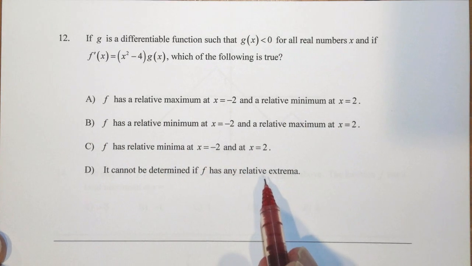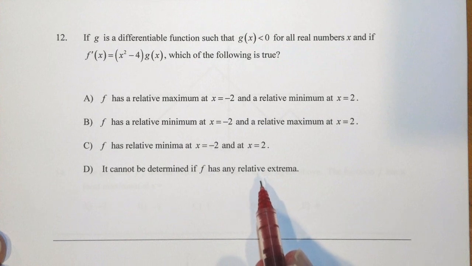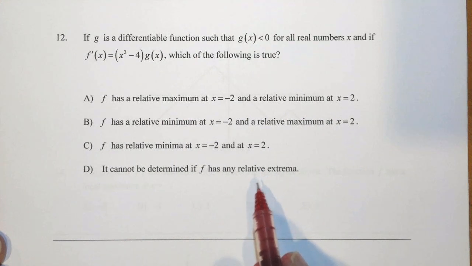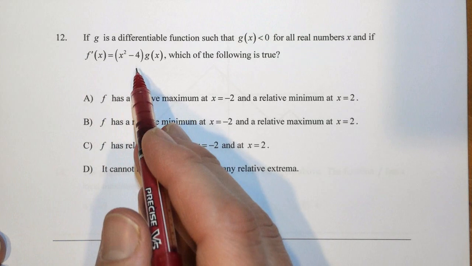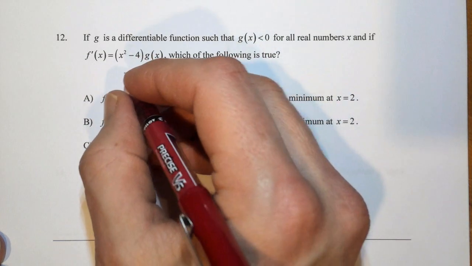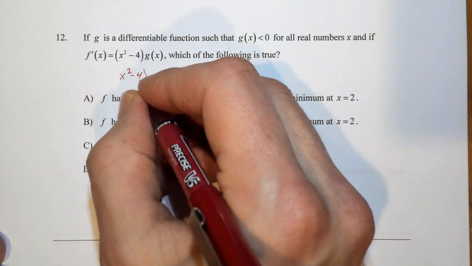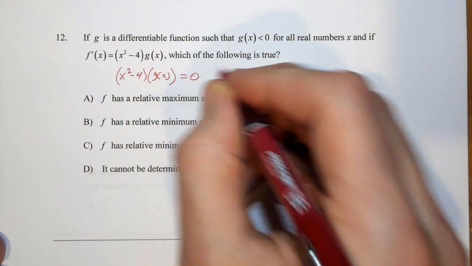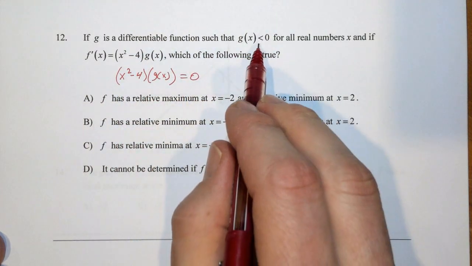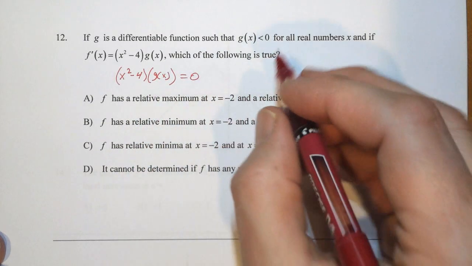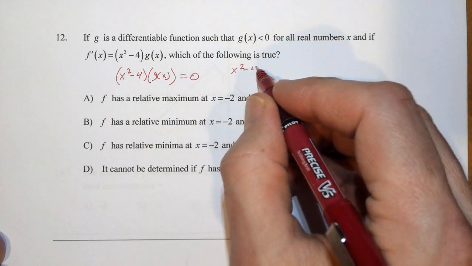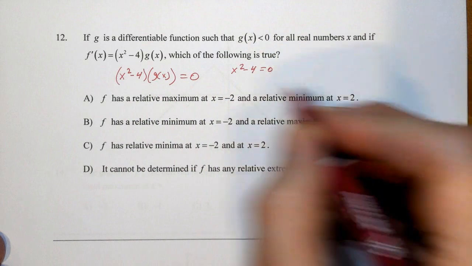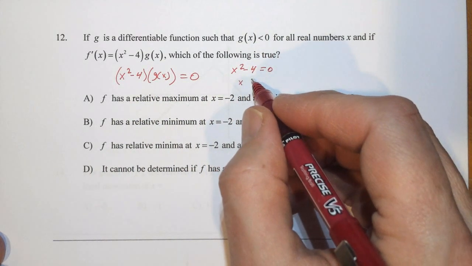So that means we need to do a first derivative test on f. Here's the first derivative of f. We need to figure out when that is equal to 0. We know that g is always negative, so g will never be equal to 0. So really what we're looking for is when x squared minus 4 equals 0.